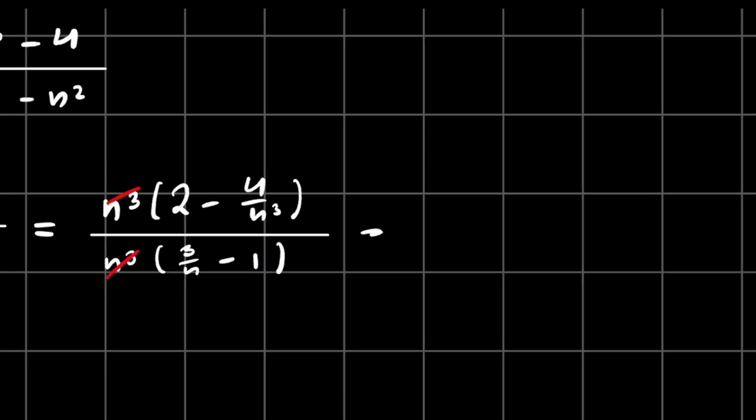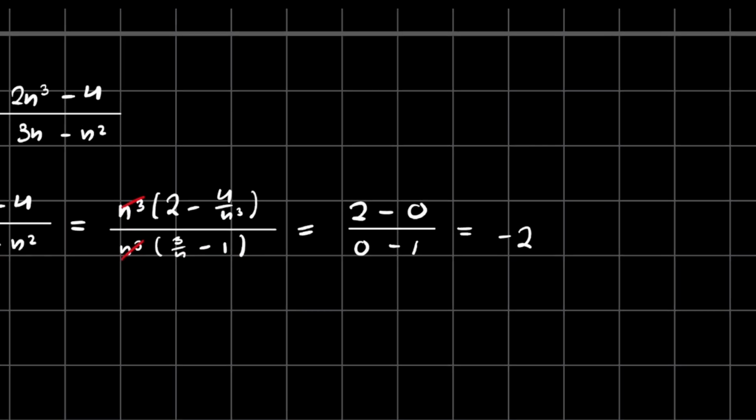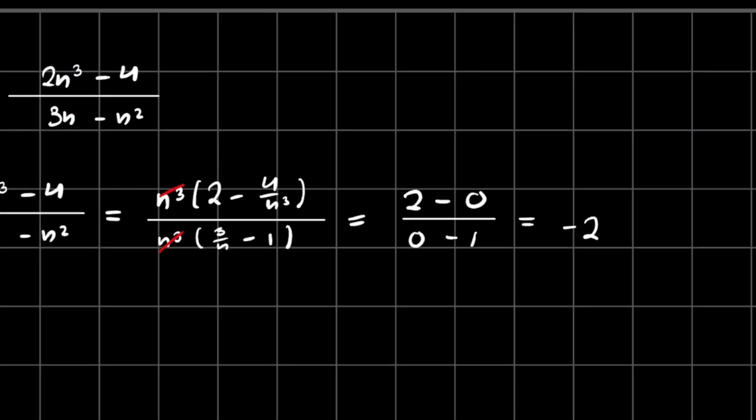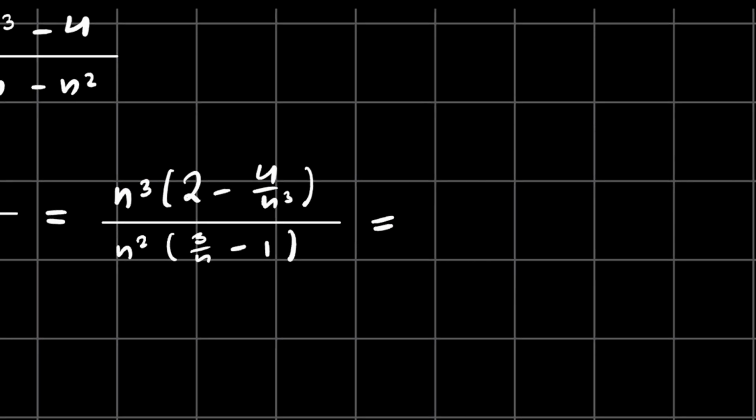So we're going to have simply, as it approaches infinity, 2 minus 0, 0 minus 1, so minus 2, right? That's basically going to be it. Oh, hold on, I messed something up. I'm sorry, guys. I just did a little confusing here. No, we do here, instead of, yeah, it's n squared. I just made a mistake here. I'm sorry, I was mistaken.